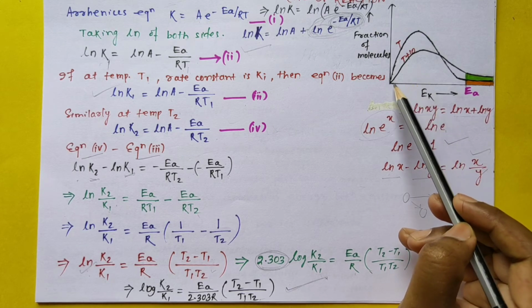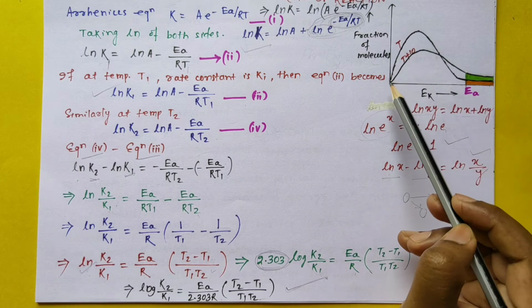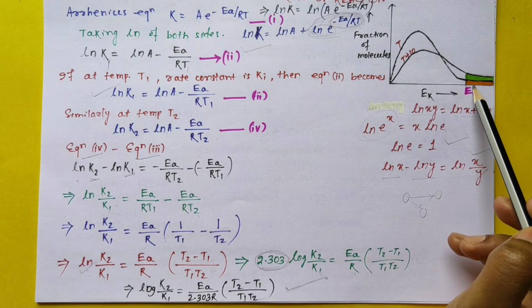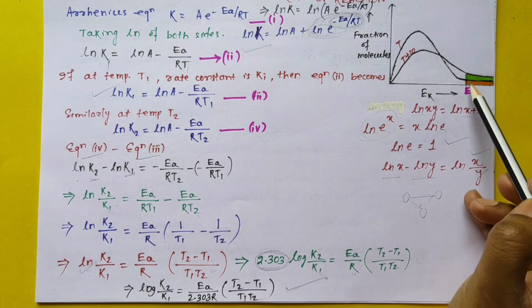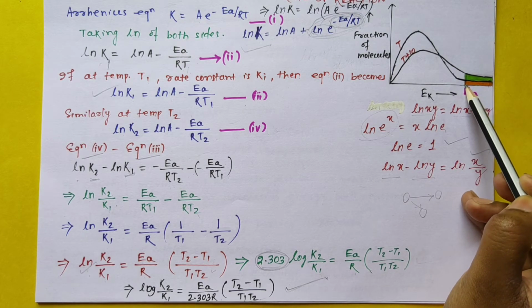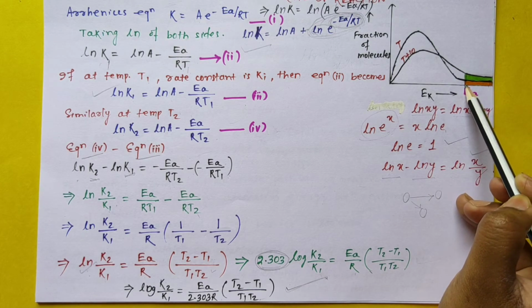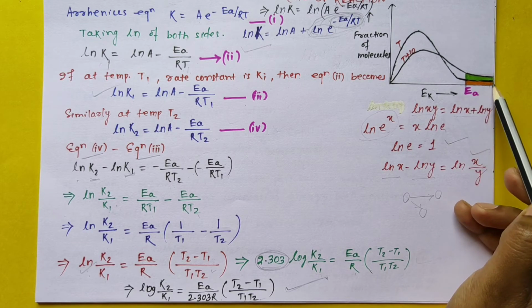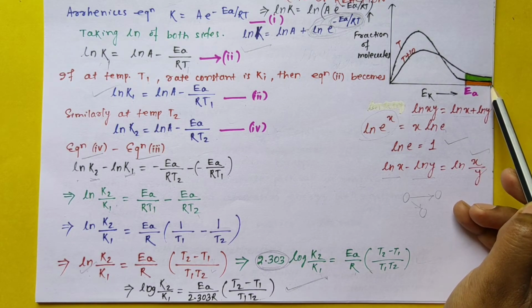First point is that the area under the curve gives the fraction of molecules. The more the area, the more the fraction of molecules. Second point is that a molecule will undergo chemical reaction if the energy possessed by the molecule is equal to or more than the activation energy value.